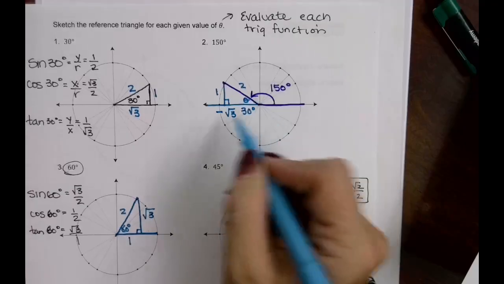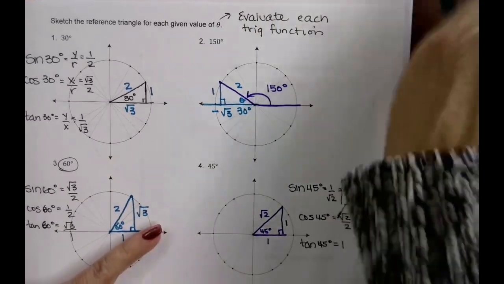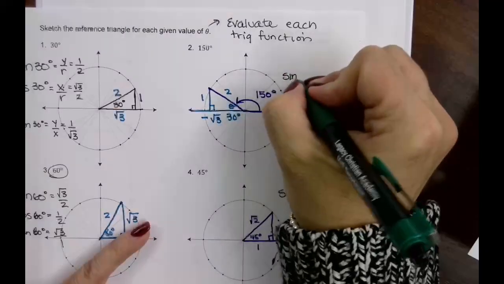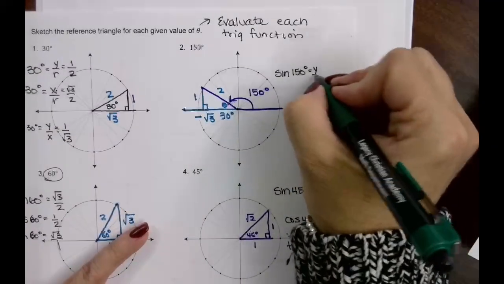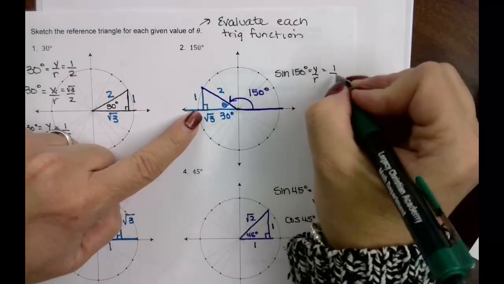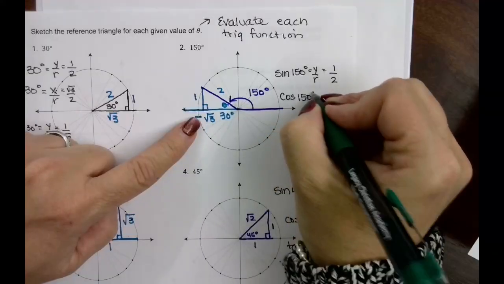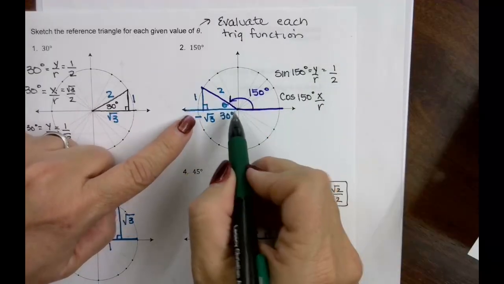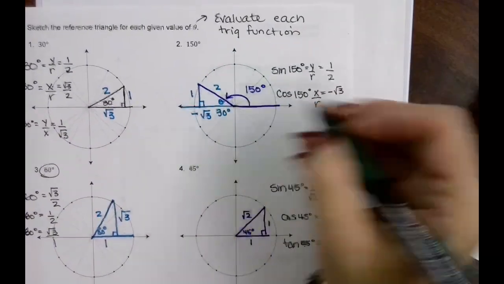So if this is negative square root of 3, when I do my functions here, I have sine of 150 degrees, and that's going to be y over r. So my y value is 1, and my r value is 2. And then I have cosine of 150 degrees. That's x over r. My x value here is negative square root of 3, and my r value is 2.